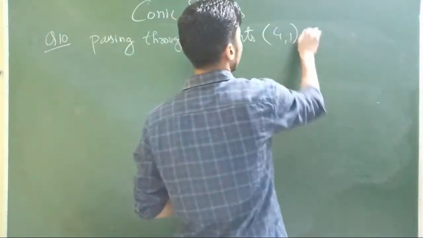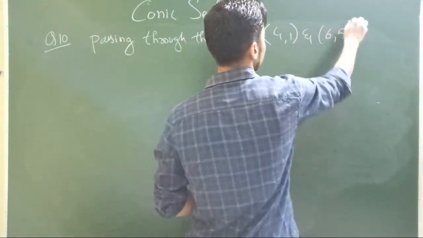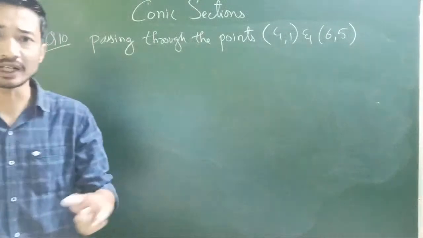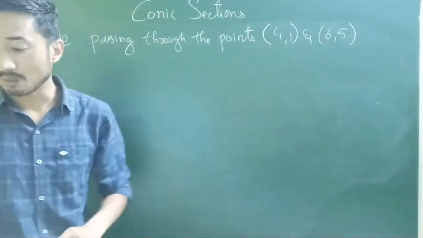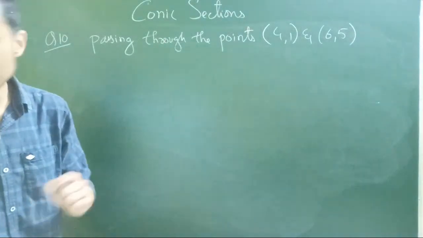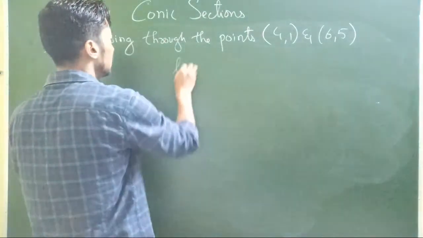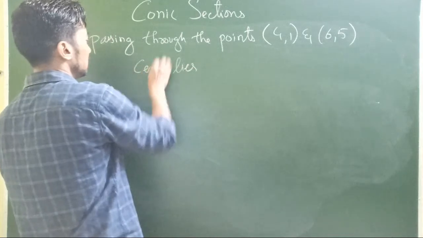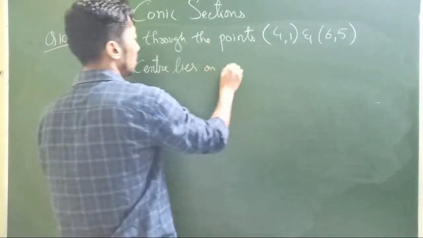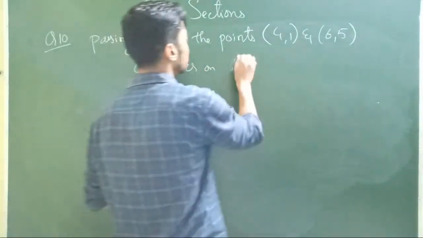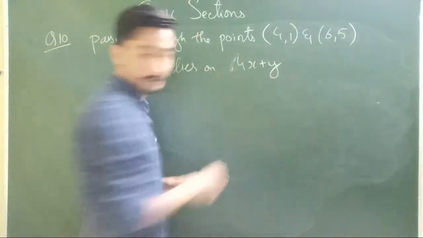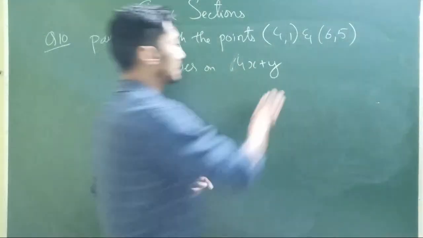So the circle that we have is passing through the points (4, 1) and (6, 5), and its center, whatever it be, lies on the line 4x + y = 16.